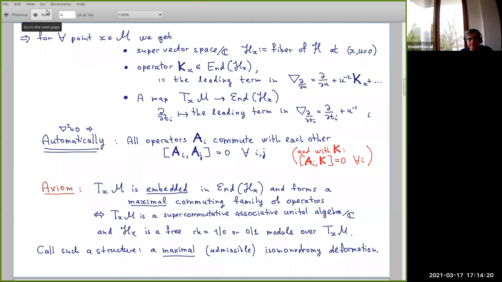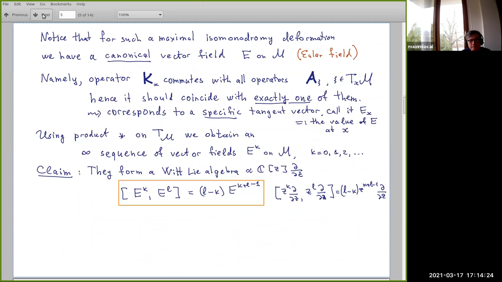Okay, so we get this structure. Now what? So we have this maximal deformation. I claim that we have a canonical vector field, which I denote by E, because you call it the Euler vector field. What is this vector field?